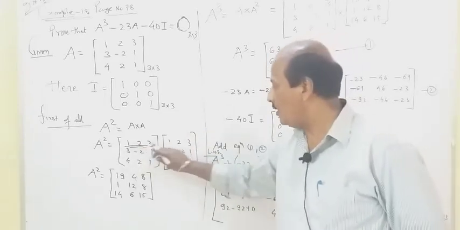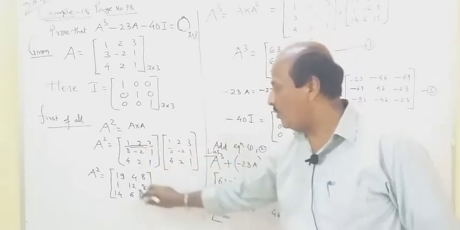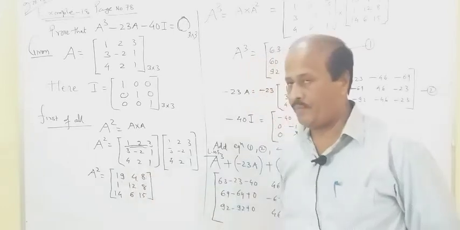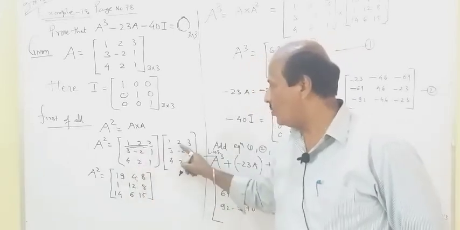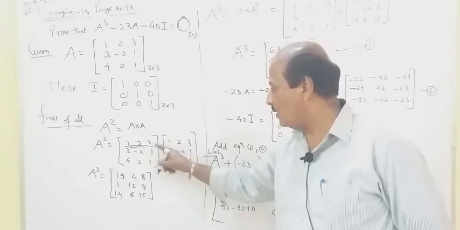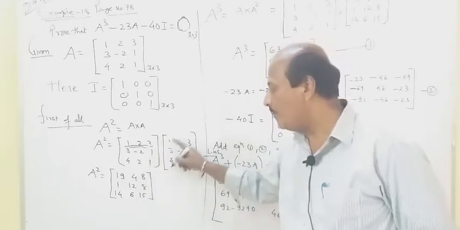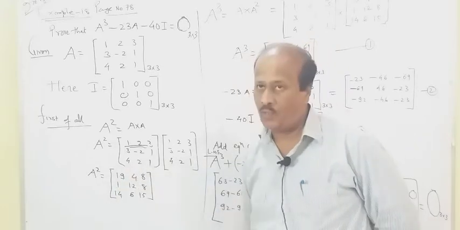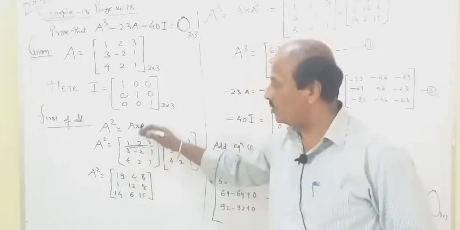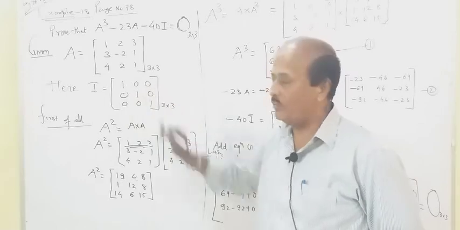Then 1, 2, 3 you multiply with 3, 1, 1. You will get 19, 4, 8. For example, 1 into 2, then 2 into minus 2, 3 into minus 2, you will get the second member, then the third member. In that way, this is A square. 2, 3, 4 questions I did where I told you how to multiply.